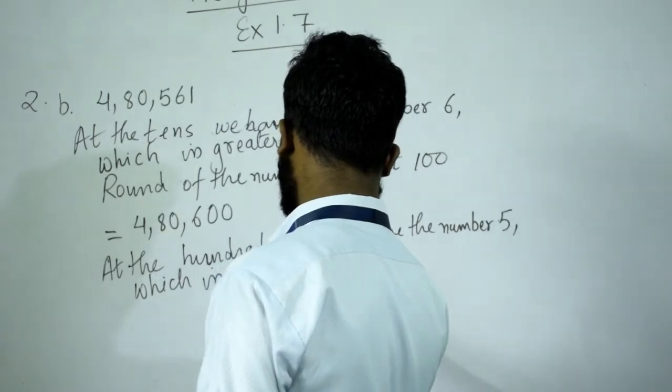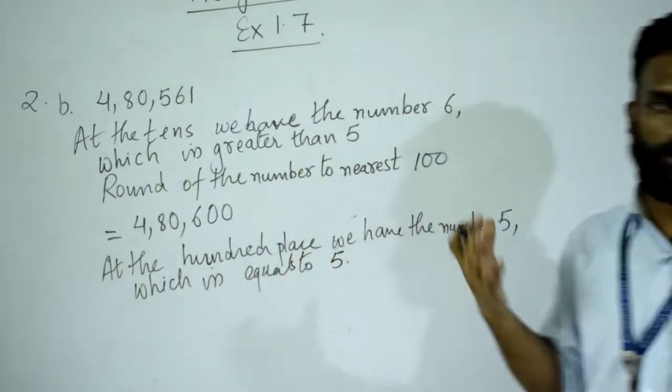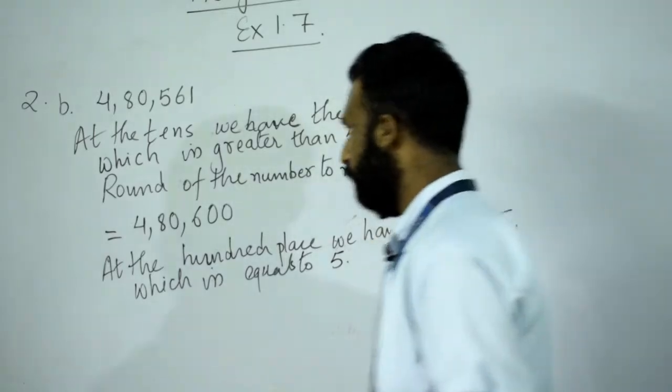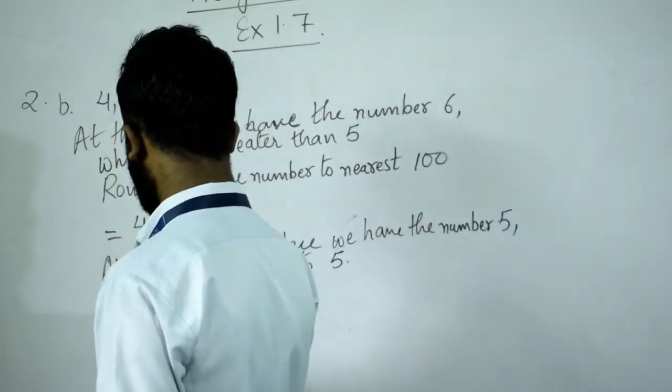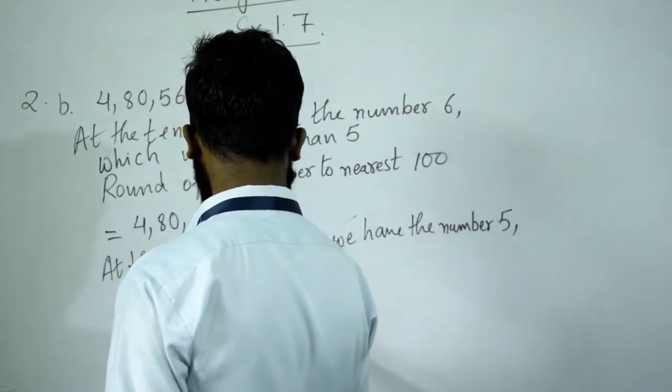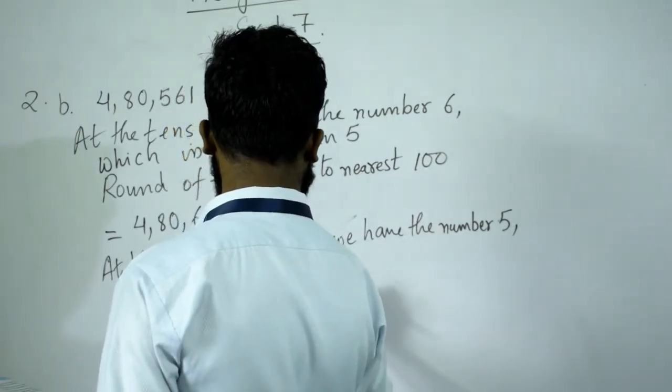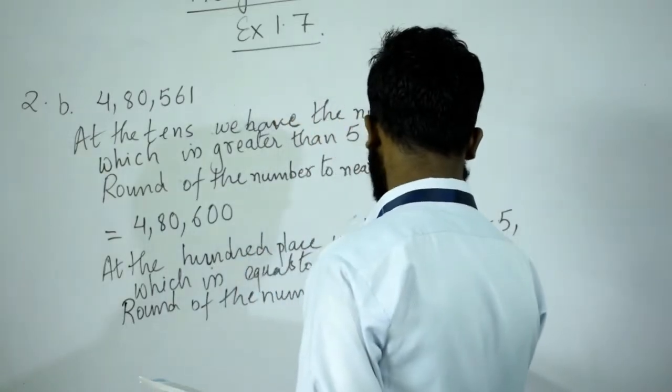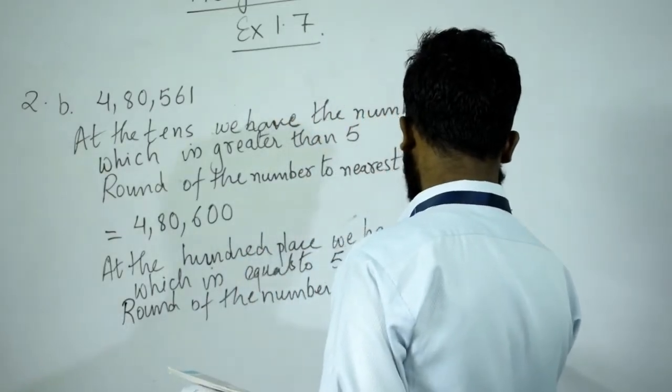I have told you, when it is equal to 5 or more than 5, we round up the number to the nearest 1000.